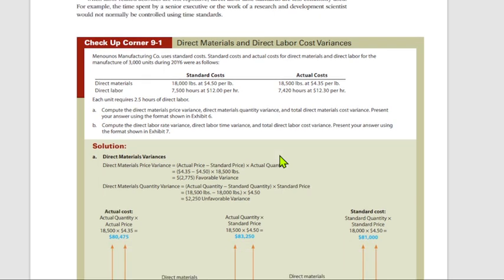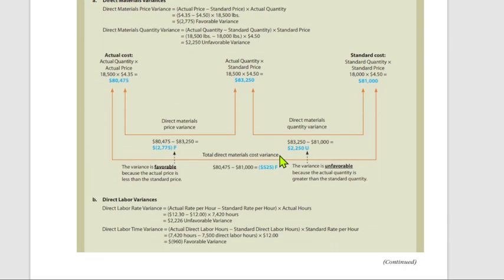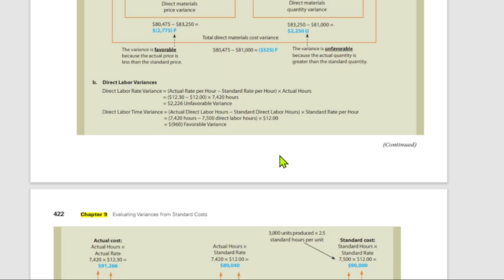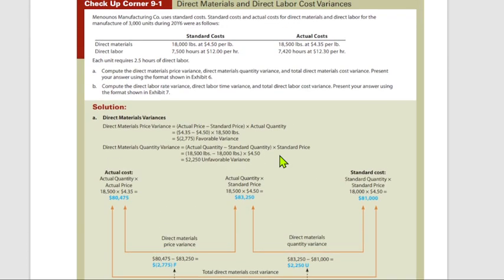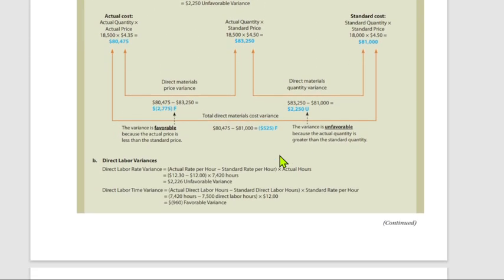It is actually a review, not an exercise, of how the direct material price, quantity, labor time, and labor rate variances are computed. So this will be your guide, yung Checkup Corner 9-1.